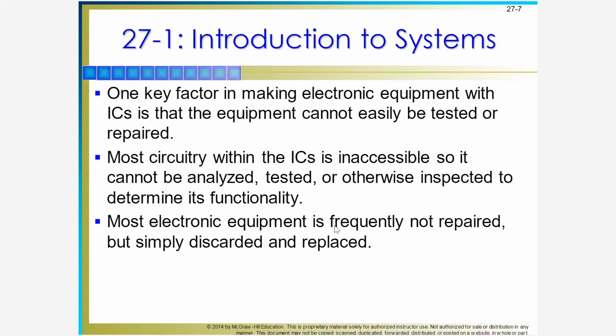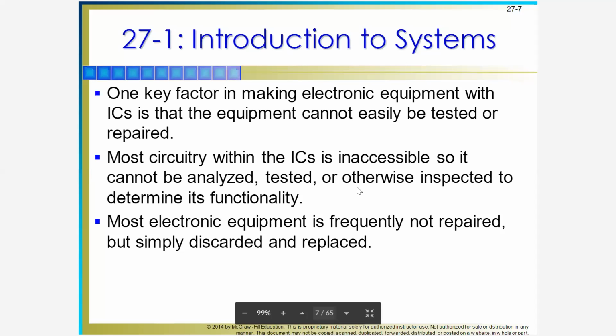For example, if you work in an industry and there is a module, instead of changing one IC, you only replace it or get another module, then the equipment will work again. It means it is simply discarded and replaced.